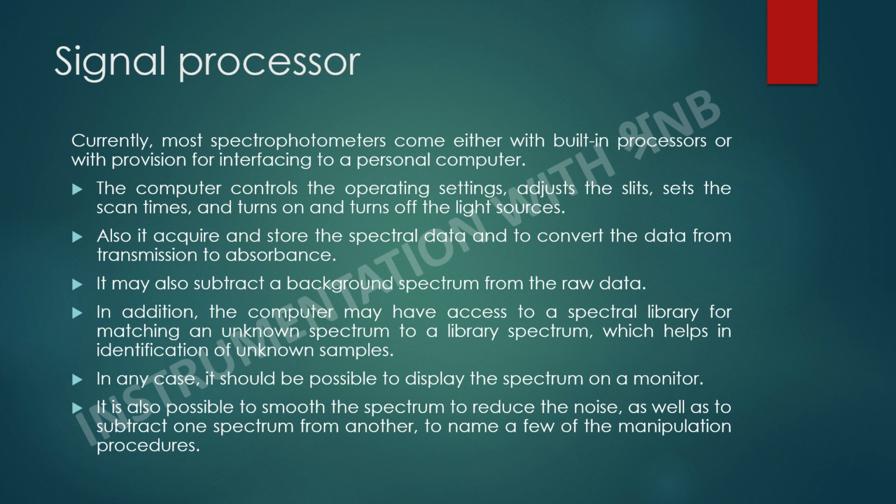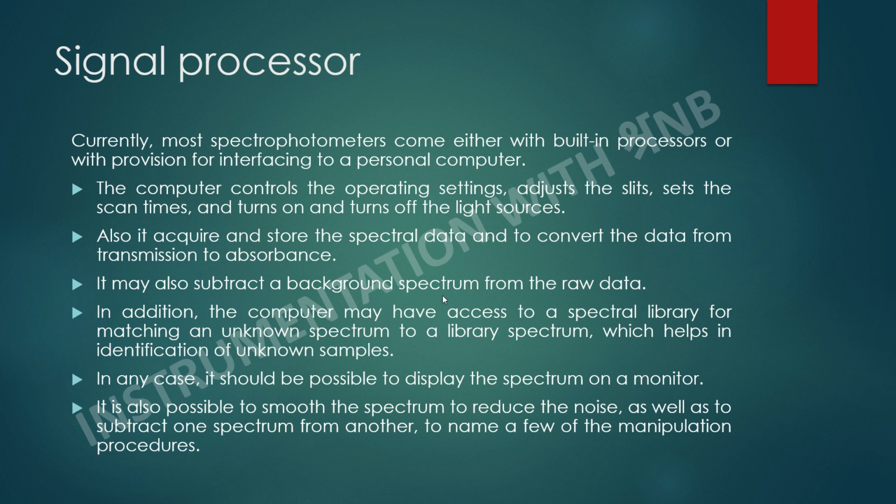The computer controls the operating settings: it gives the commands, adjusts the slits, sets the scan times, and turns on and off the light sources, radiation sources. It acquires and stores the spectral data and converts the data from transmission to absorbance.